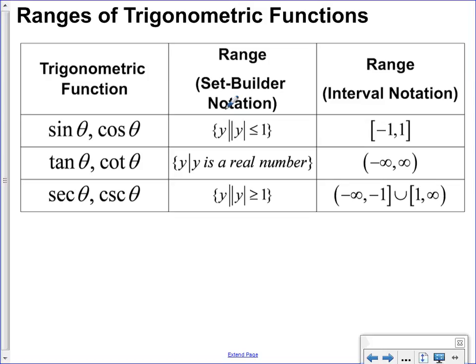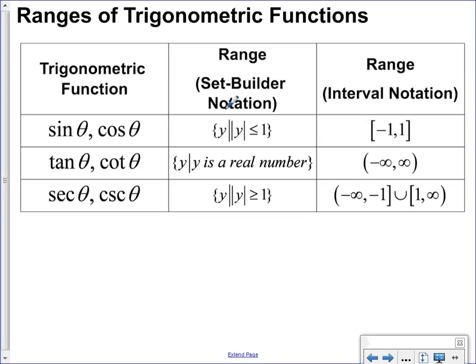So the answer for sine and cosine has to be between -1 and 1 inclusive. And then tangent can be whatever. So you can get the tangent of theta is equal to 520. That's a good answer, right? But if you got the sine of something is 520, that's not true because it's not in the range. Secant and cosecant are anything outside of -1 and 1.